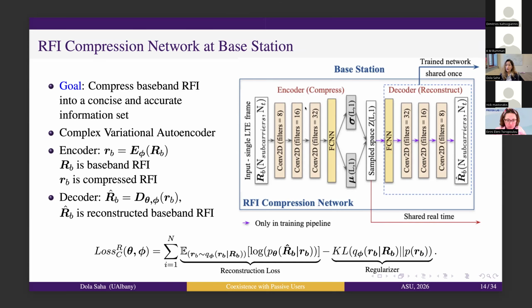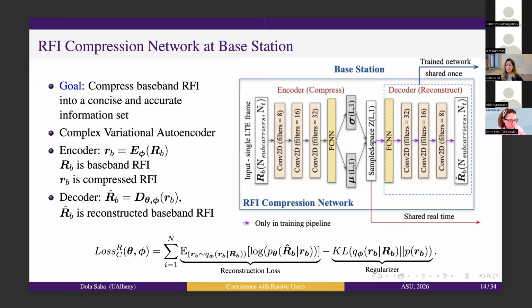So the whole thing is trained together, encoder and decoder. But the job of the encoder is just to compress. After the whole thing is trained, the decoder is shipped to the telescope, or you can think that the encoder is shipped to the base station.